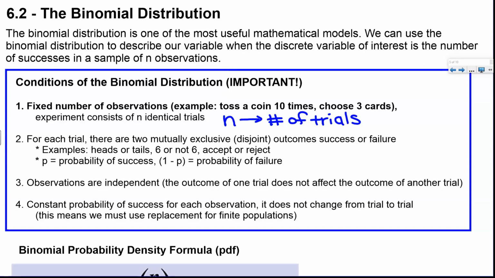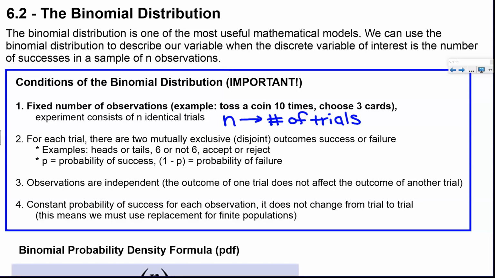Number 2, for each trial there are 2 mutually exclusive outcomes, which are success or failure. So we've talked about mutually exclusive events, right? And that's when they're totally separate circles, so they don't have anything in common. So we need to be able to identify everything in this experiment as either a success or a failure. Okay? So it could be like heads or tails, right?